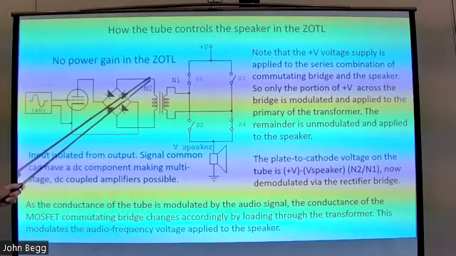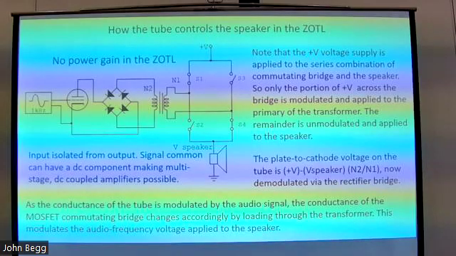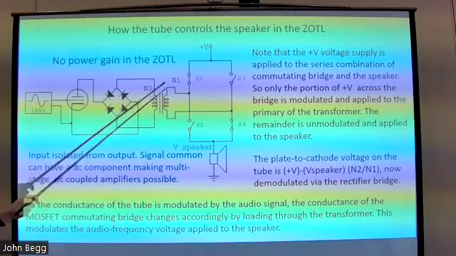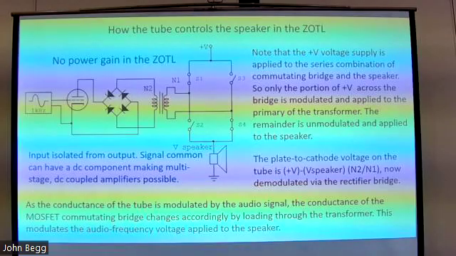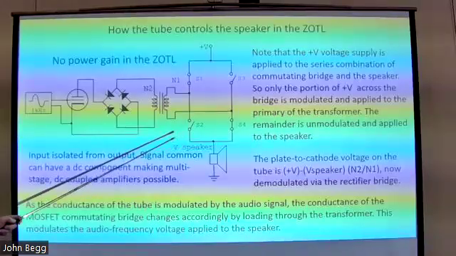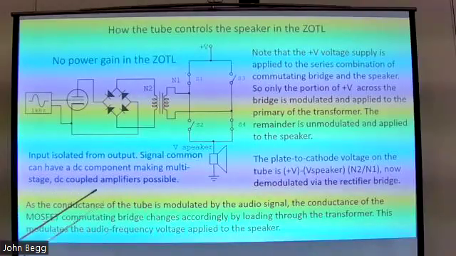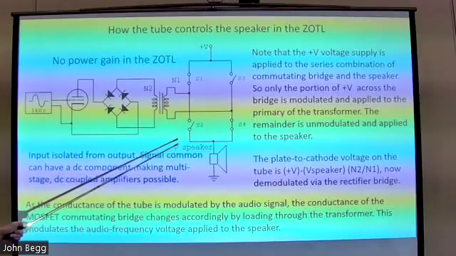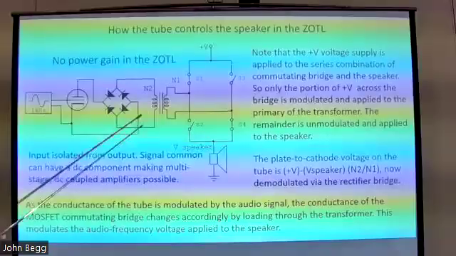Let's see, I guess this is the best order to do it. Note that the plus V voltage is applied to the series combination of the commutating bridge transistors, these things, which are MOSFETs, and the speaker, and that only a portion of the V plus across the bridge is being modulated. It's amplitude modulated and applied to the primary of the transformer, the primary being on this side.